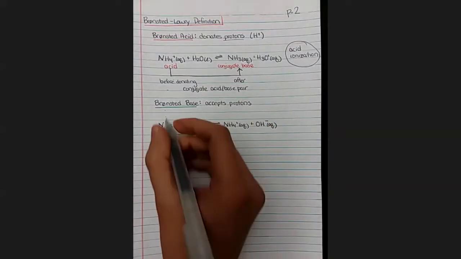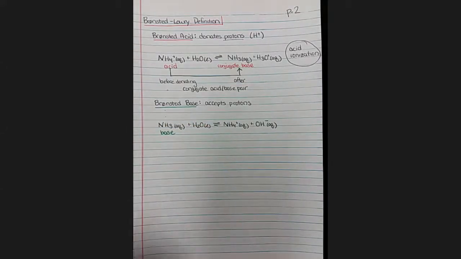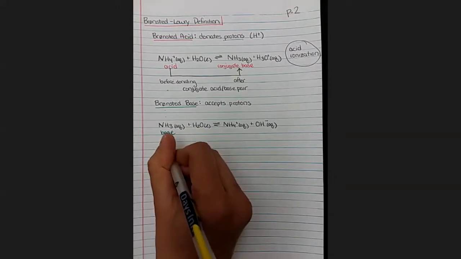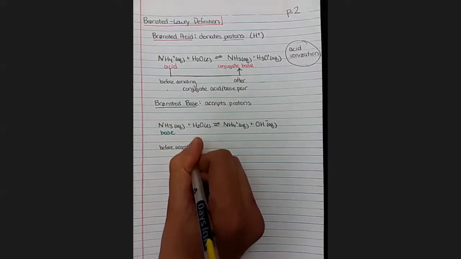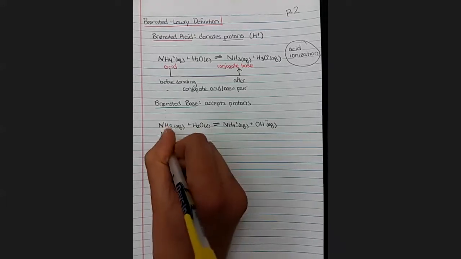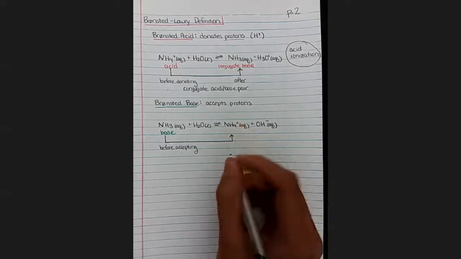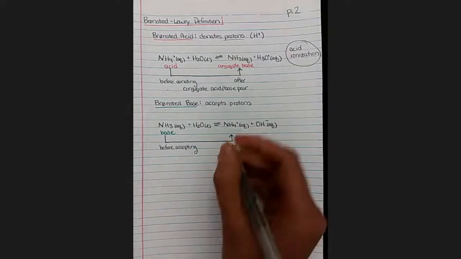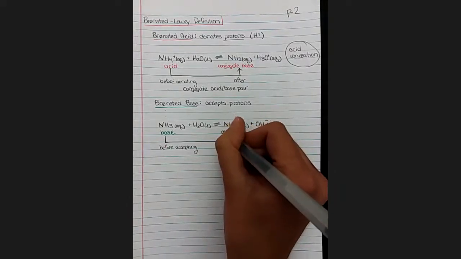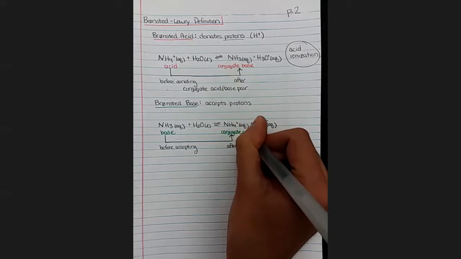Okay, so this is our base, NH3. This is what it looks like before it accepts a proton. After it accepts a proton, it turns into NH4 plus. And so we're going to call NH4 plus its conjugate acid.